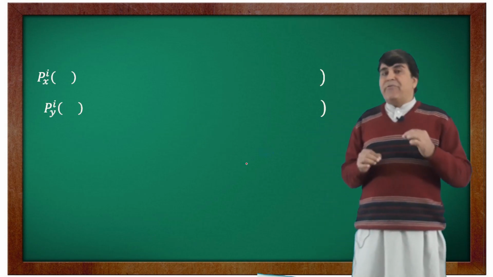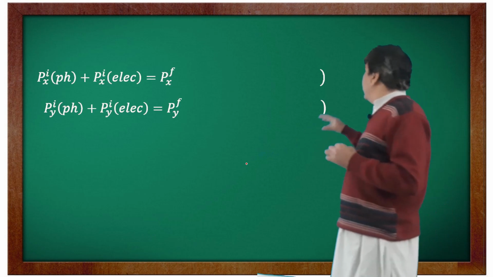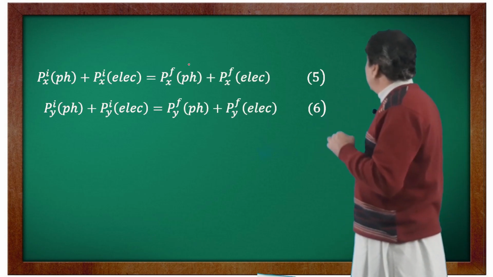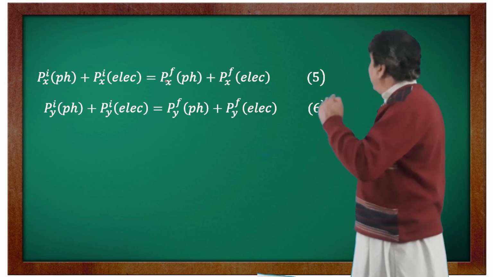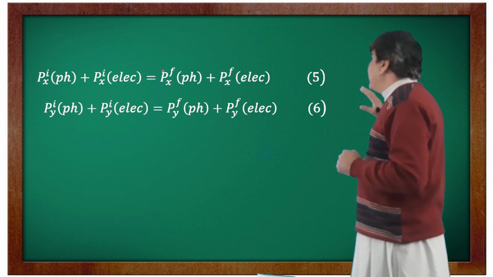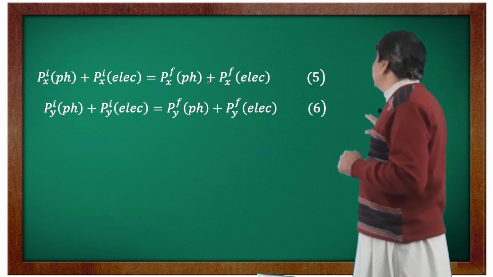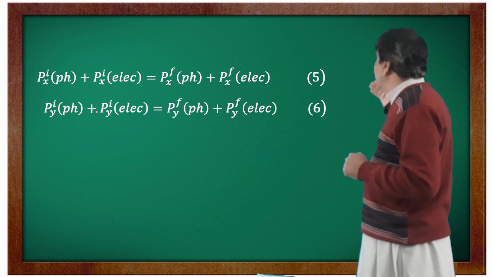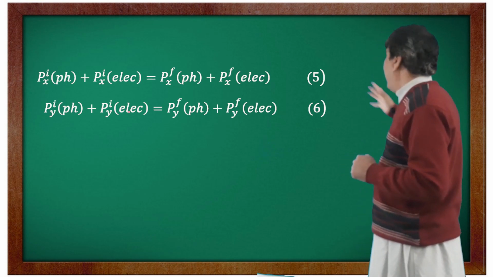Therefore, we can write these equations, where in equation 5 I sum up the initial momentum of photon and electron at the left side, where at the right side I sum up the momenta along x-axis of photon and electron, and I am denoting that by a superscript f.